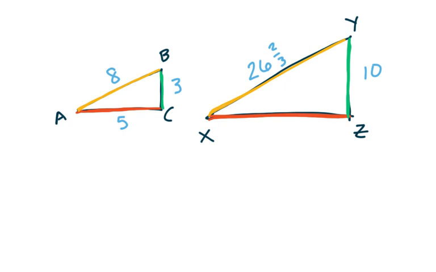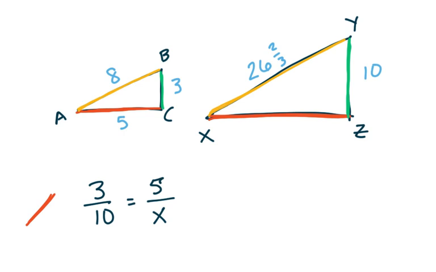All right, so for the red side of the triangle, we want to start with the side that we know. So we're going to have that 3/10 again. And then we know that the length of the red side on the small triangle is 5. So that's going to go on top. And then the length of the big triangle on the red side is the thing that we don't know.